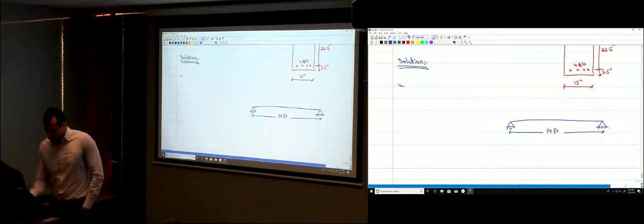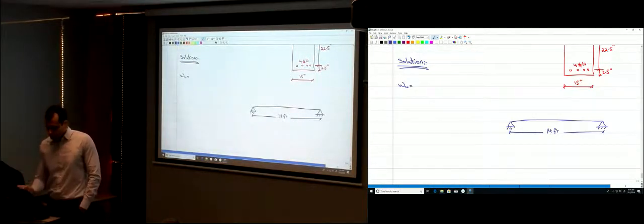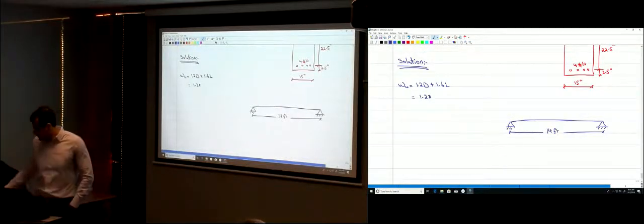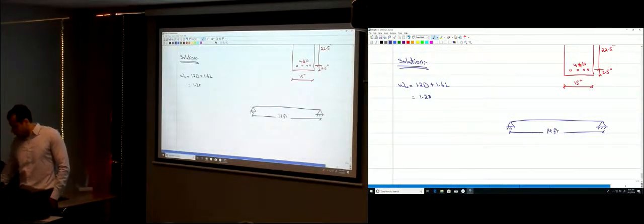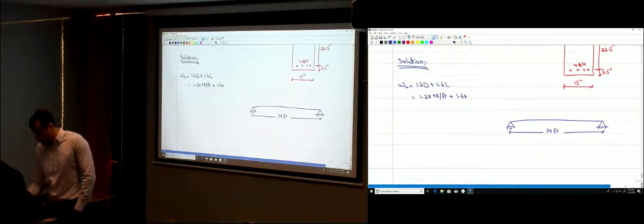I have to analyze my beam for the maximum load combination, which is 1.2 times the dead load plus 1.6 multiplied by the live load. So 1.2 times the dead load, how much is the dead load? 4 kips per foot, plus 1.6 multiplied by the live load, which is 6 kips per foot. So the ultimate load is 14.4 kips per foot.